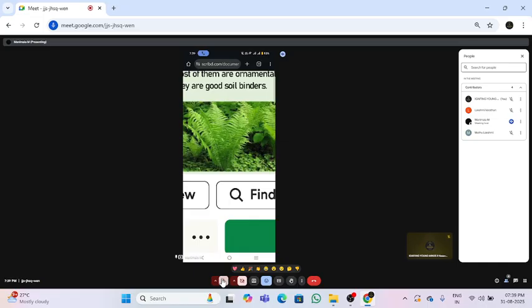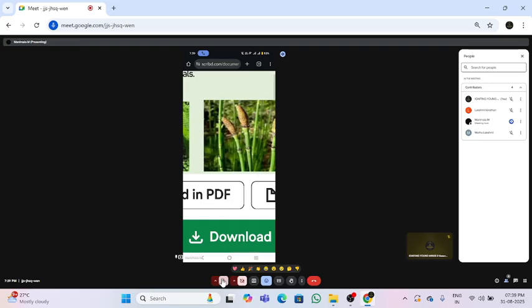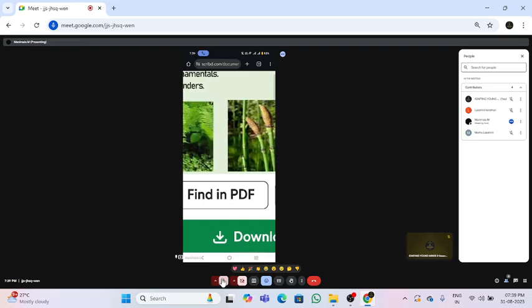Who is the father of pteridology? The scientist name is Haeckel. He is called the father of pteridology. Pteron means feather, phyta means plant, so pteridophytes are also called feather plants.